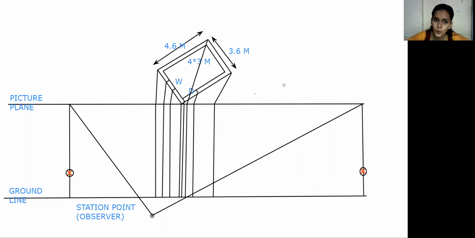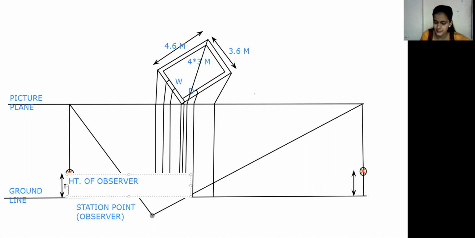As this is a 2-point perspective view, we have two vanishing points. Now we may put the vanishing points over here only using the height of observer. So what is the height of observer? We have taken the height of observer as 1.5 meter.